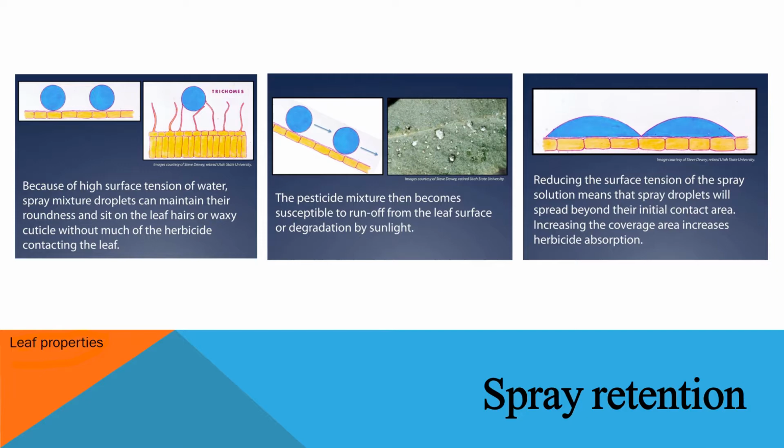It is incorrect to assume that plants with thick, waxy cuticles absorb less herbicide, or absorb the same amount more slowly, than plants with thin cuticles. The reason is that cuticle hydration and composition are more important factors in herbicide absorption than cuticle thickness.